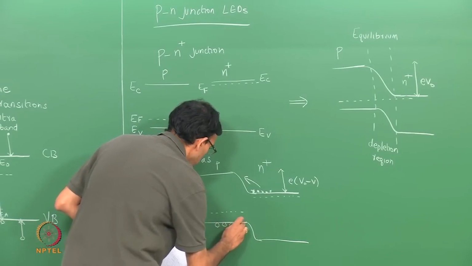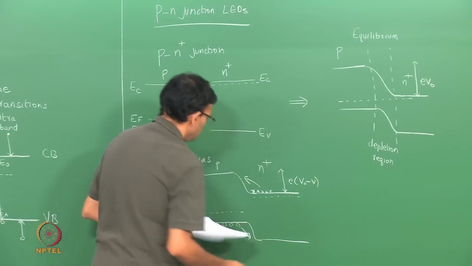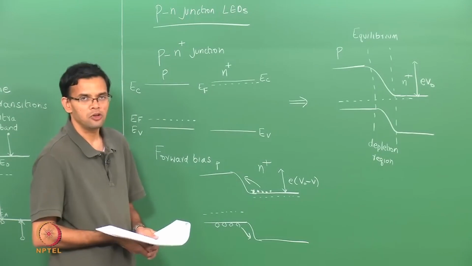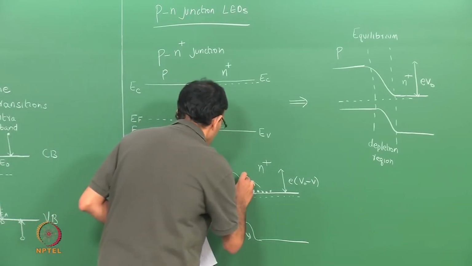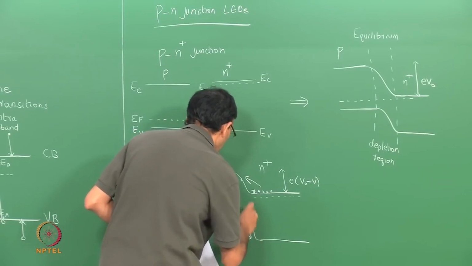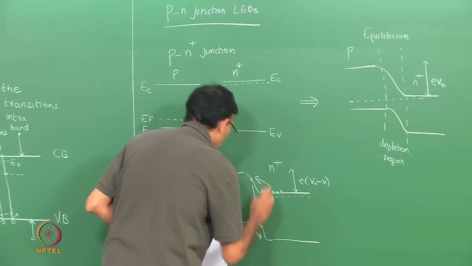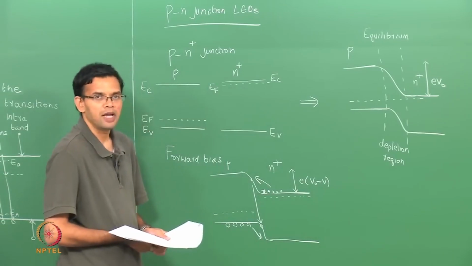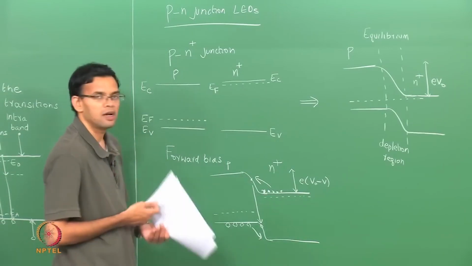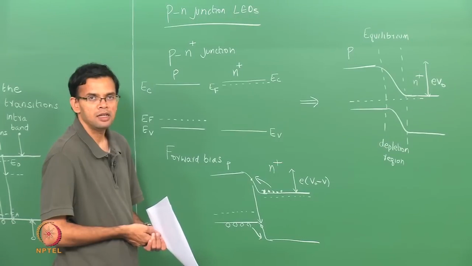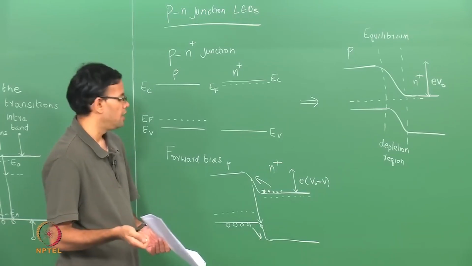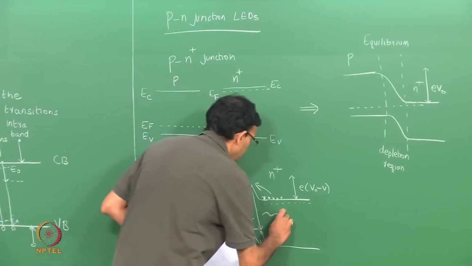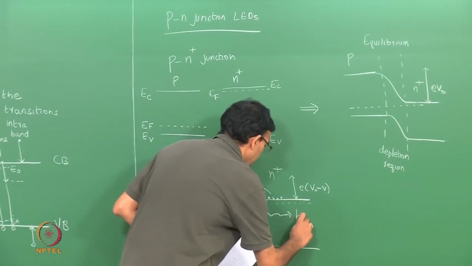And these are the holes. So, these electrons and holes can recombine in the depletion region. If I have an electron here and I have a hole here, the electron and hole can recombine. If your material is a direct band gap material, then this recombination will dominantly produce light, and the energy of the light is just given by the band gap.